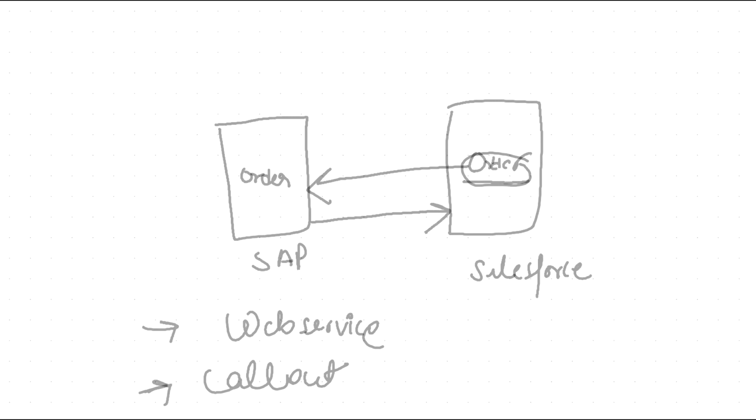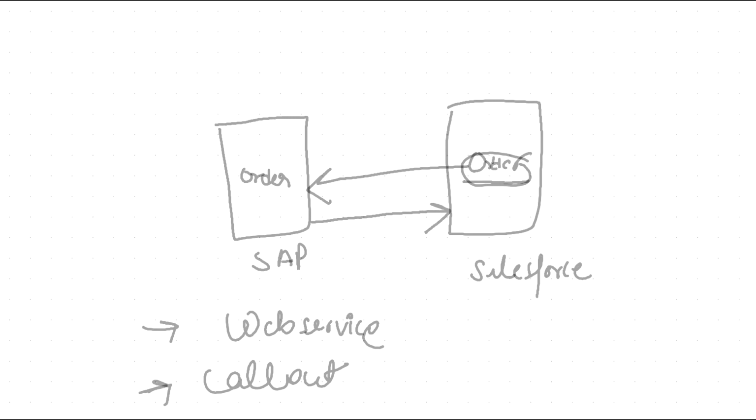So in that case, whenever you have to define which is inbound, which is outbound, you see whatever endpoint we are calling or we are exposing, that endpoint is a Salesforce endpoint or an SAP endpoint. If that is an SAP endpoint, then we are calling that endpoint to get data or to send data. Sending data and getting data is possible in both inbound and outbound.